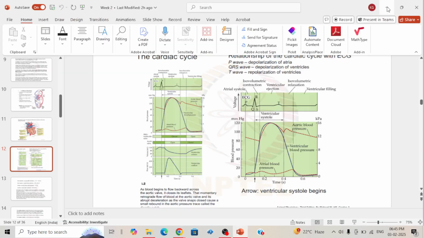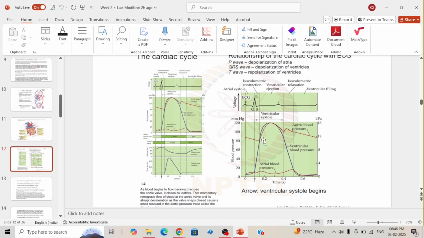So as I told you, the pressure inside the atrium is very low. Same goes for the ventricle, as there is no contraction happening at that point of time. So the pressure inside is very low. But when the blood is getting collected in the atrium, it is filling the atrium. Then at some point of time, the bicuspid valve will open, and the blood will flow from atrium to ventricle.